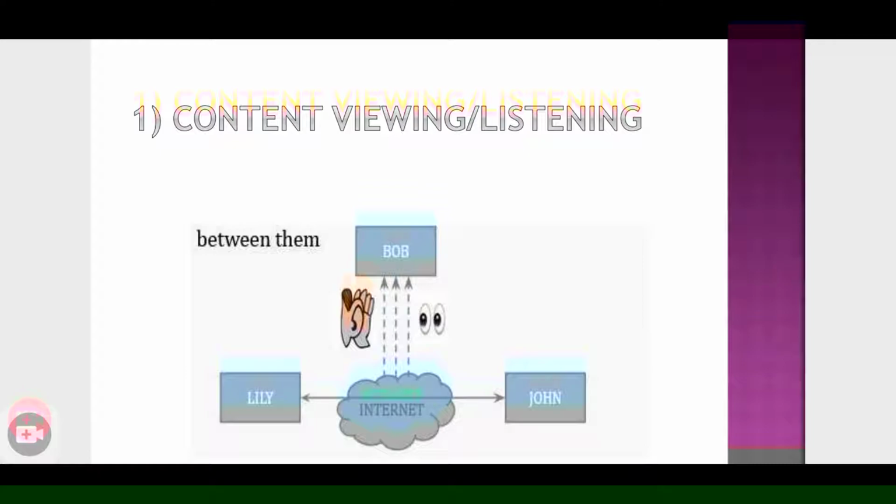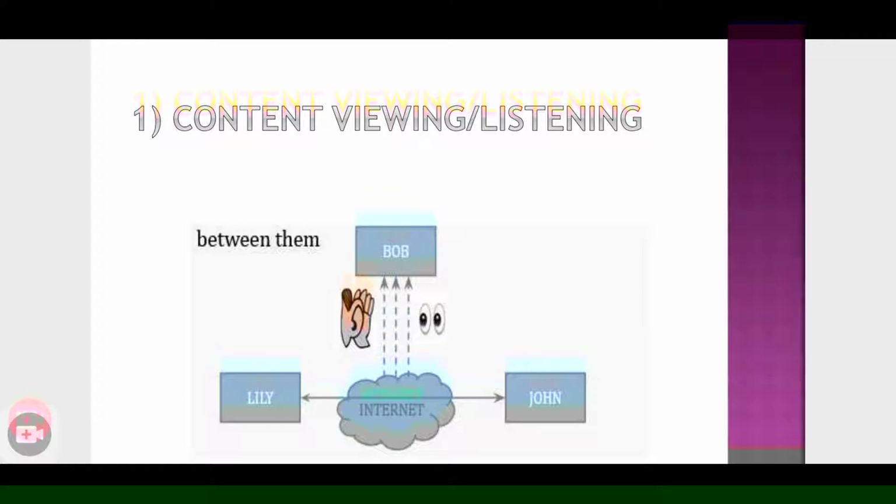You can see in this figure there are three users: Lily, John and Bob. Lily is the sender or receiver, or otherwise John is the sender or receiver. There is another user, Bob.